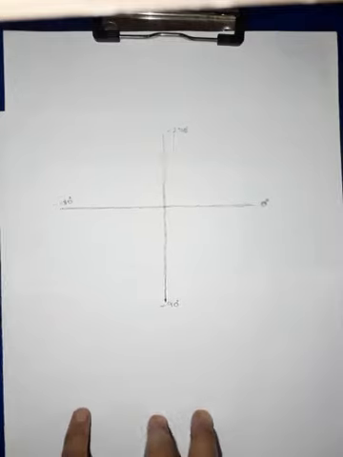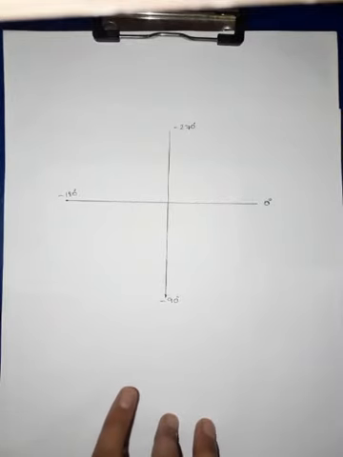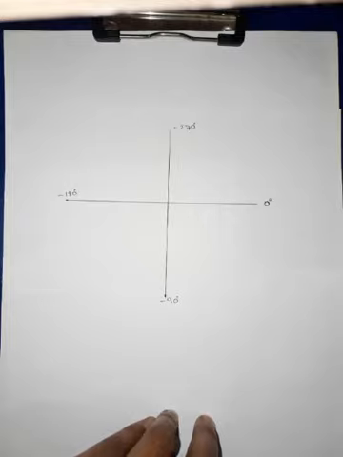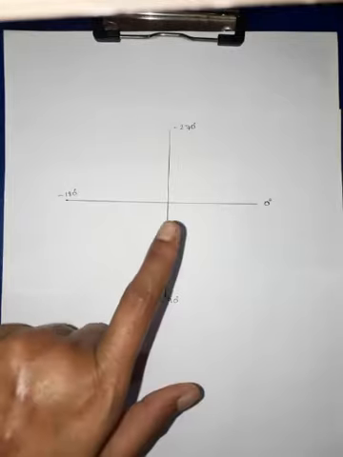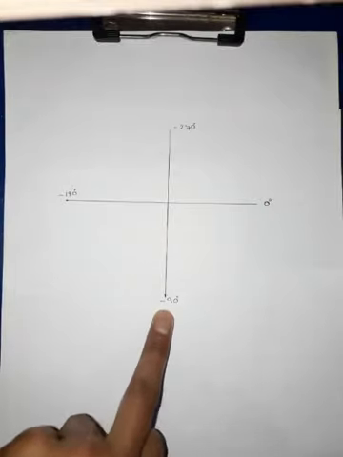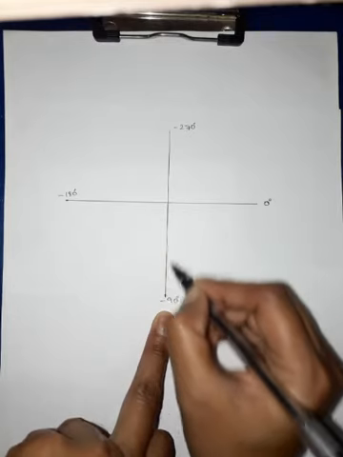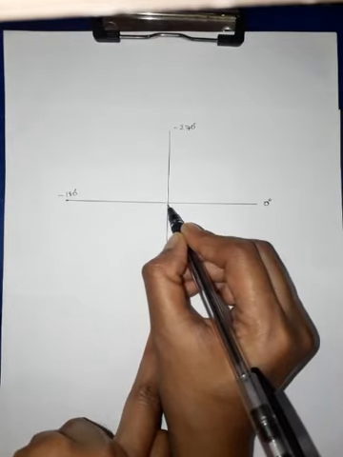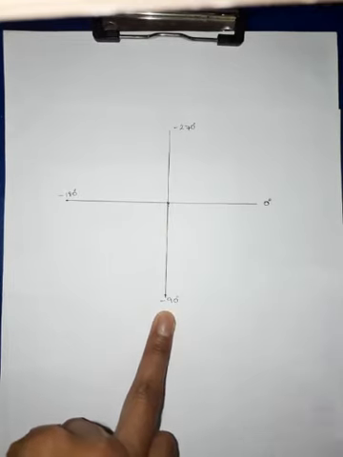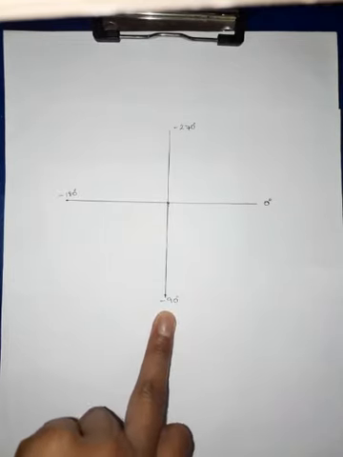So first I need to consider section 1. In the calculation part with respect to section 1, the starting point is magnitude 0 and phase angle minus 90 degree. So I need to consider this line, 0 with minus 90 degree. This is the starting point with respect to section 1.